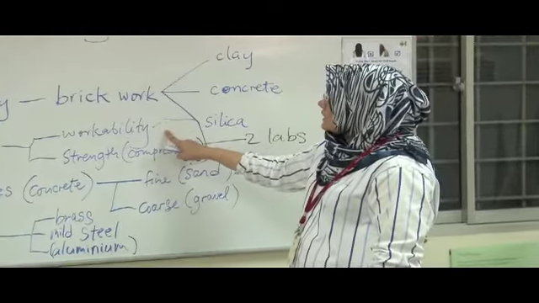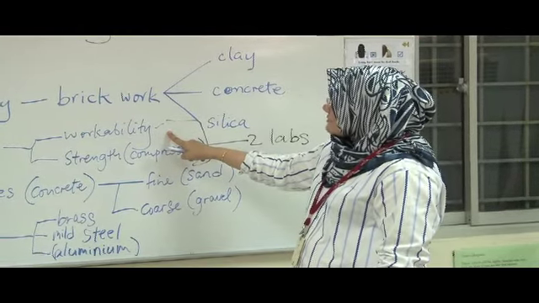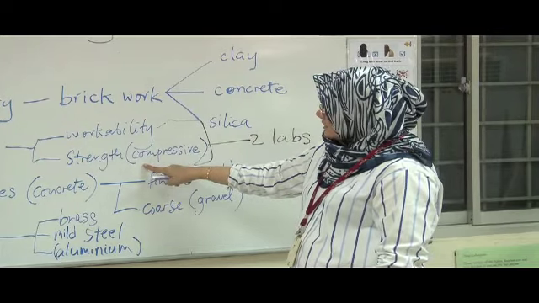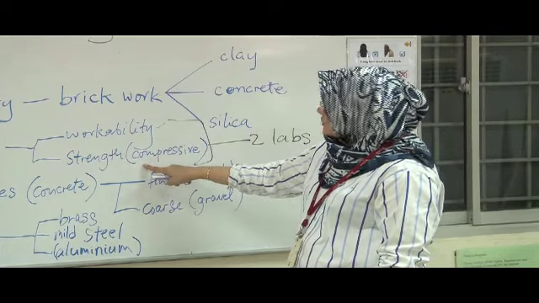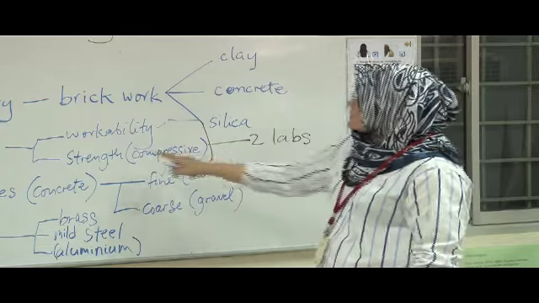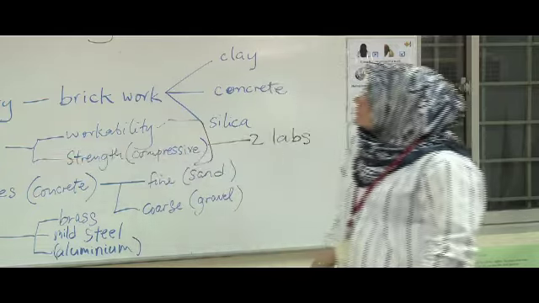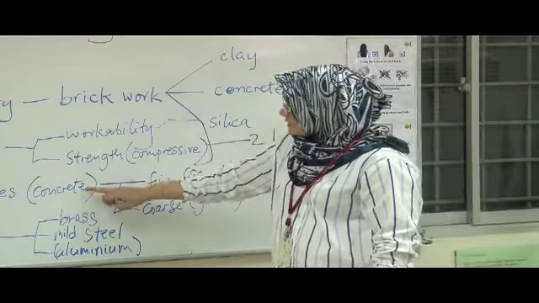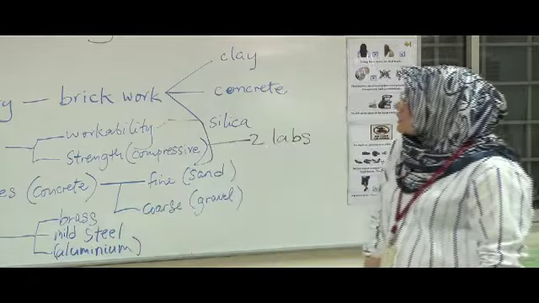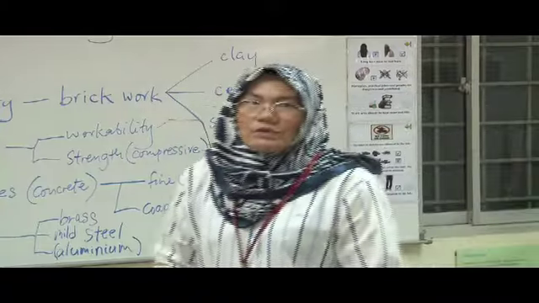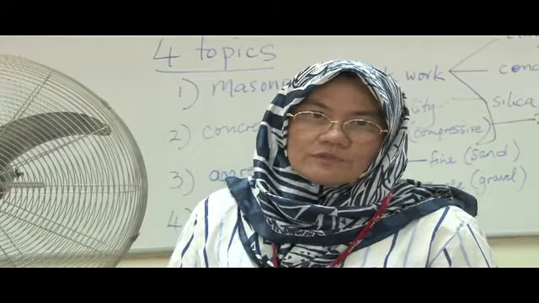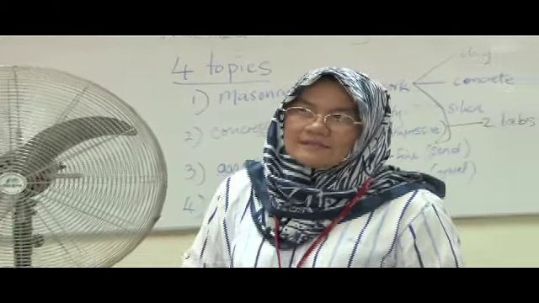And while we do the slump test, we'll be making the test cubes for the compressive strength testing later on. So there'll be 2 labs for concrete materials. The rest, there will be only 1 lab each. The total laboratories that you have to attend are 5. There'll be 5 laboratories, so it's all compulsory.